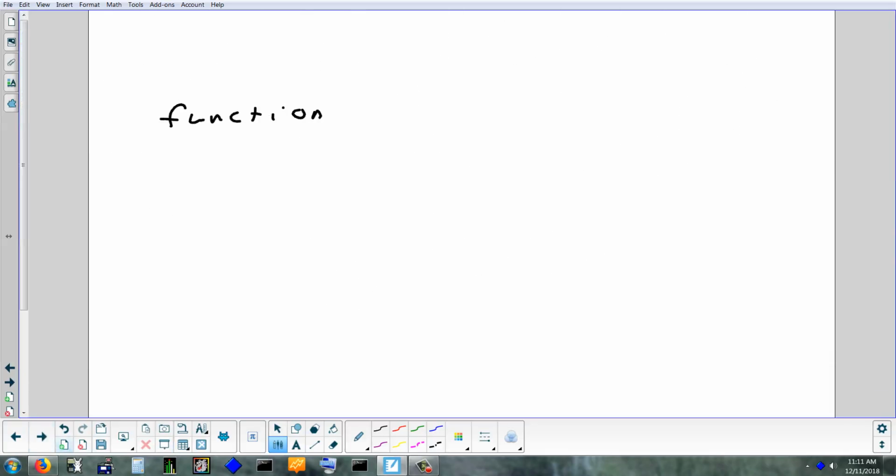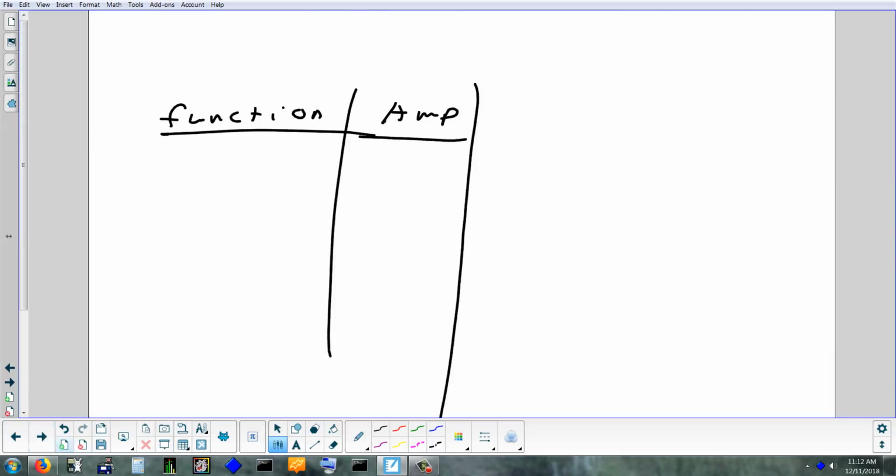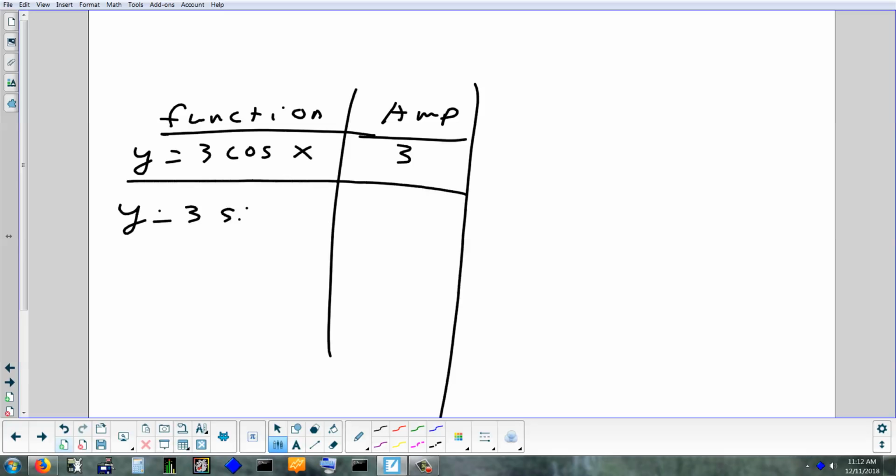Let's say we had y equals 3 cosine x. What's the amplitude of that? 3. How about y equals 3 sine x? 3.